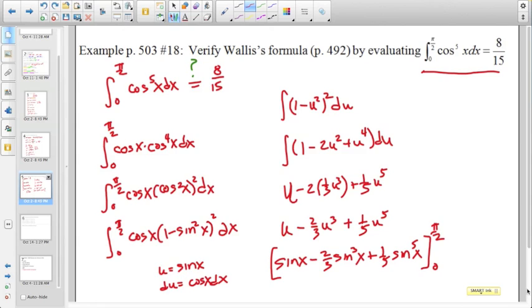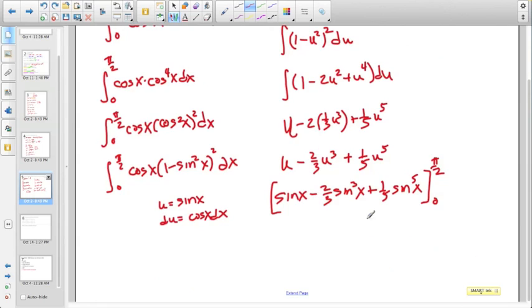And it looks kind of like a complicated expression, but really when we're talking about sine of x, we know that the sine of 0 is 0, and the sine of pi over 2 is 1. So we can just look at substituting in those values.